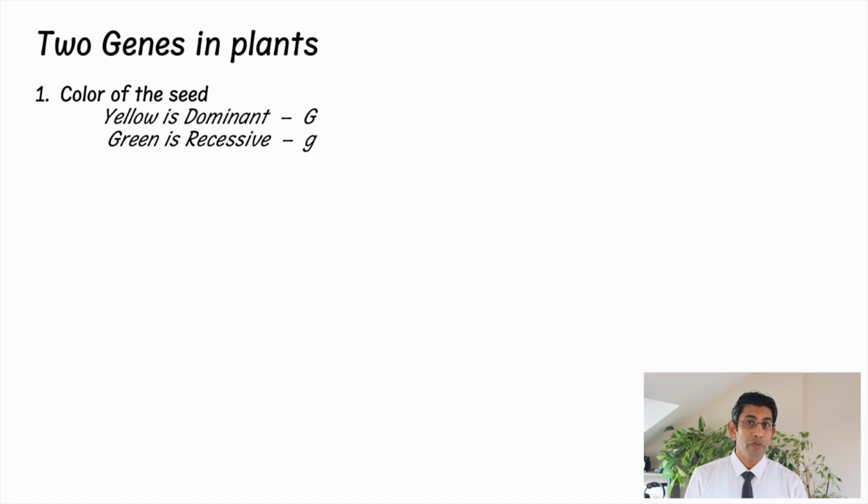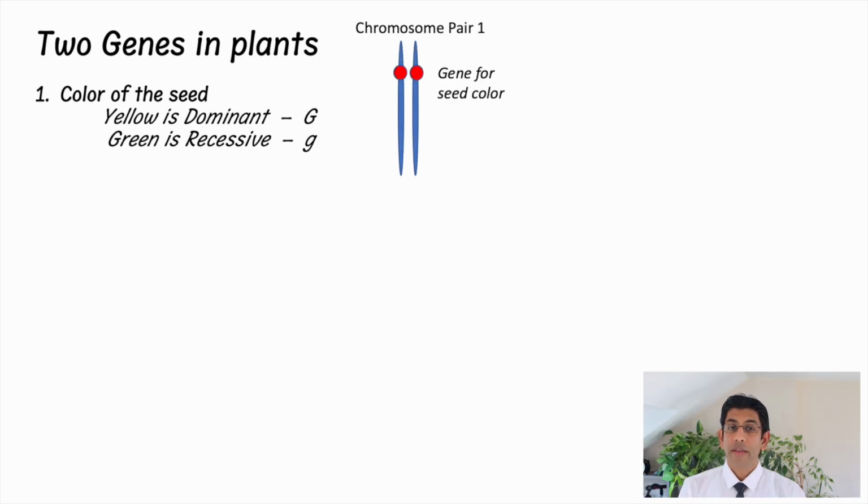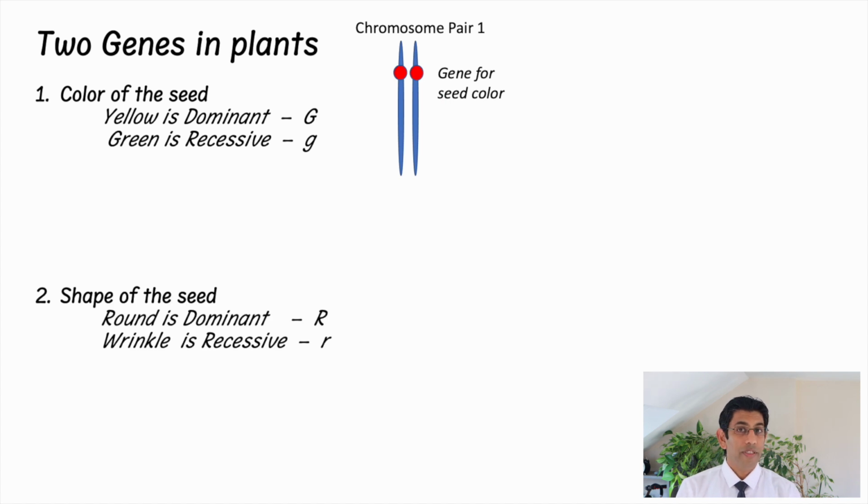In this example, we're going to talk about two different characters in plants. The first one is the color of the seed. The dominant character here is the yellow color, which is represented by capital G. The recessive color is the green color, which is represented by small g. The second character is the shape of the seed.